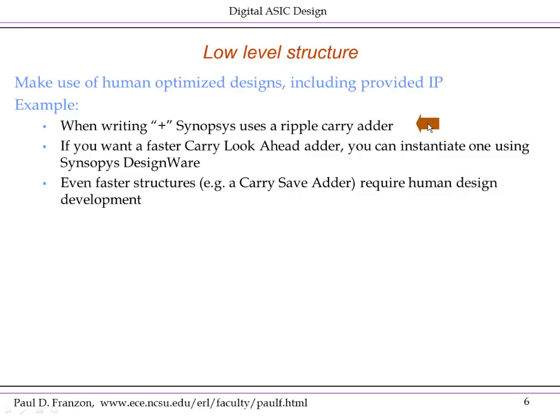If you want or need a faster carry look-ahead adder, then plus doesn't give you that. You instead have to use DesignWare, in the case of Synopsys, to build such a carry look-ahead adder from its intellectual property or IP library.